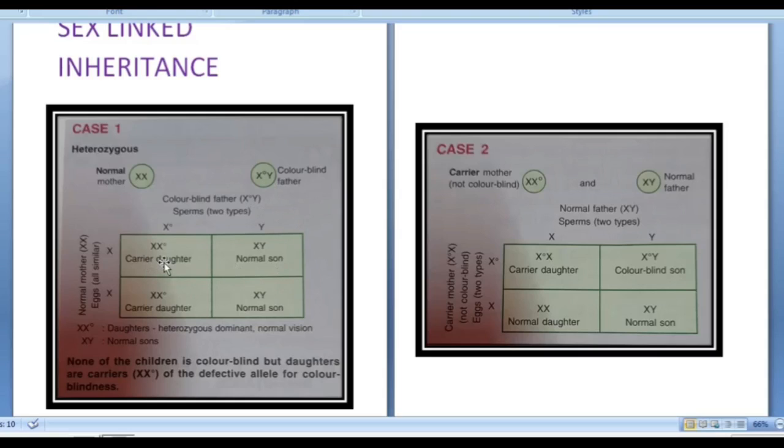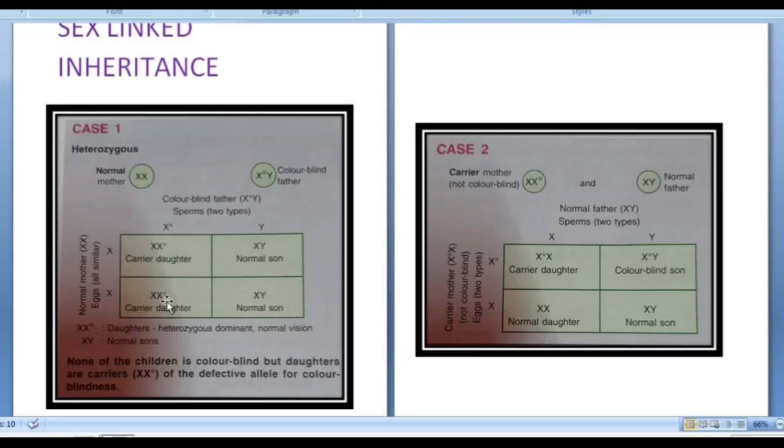But in case of the daughters, one X chromosome is coming from the mother, the other one is coming from the father, and father's X chromosome is a carrier of the disease.